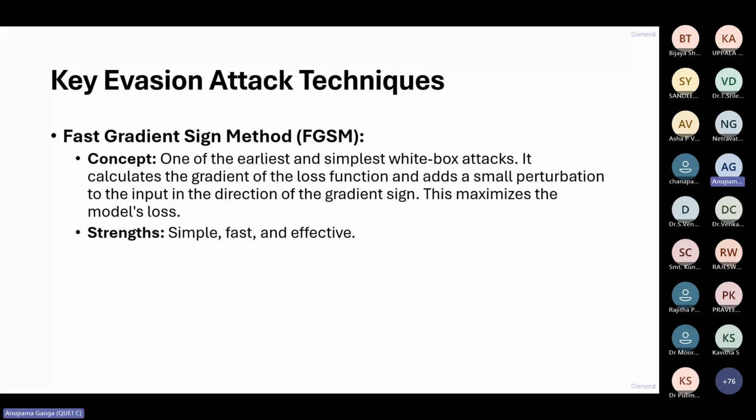The primary goal of FGSM is to create a slightly perturbed input. The input can be an image or text.